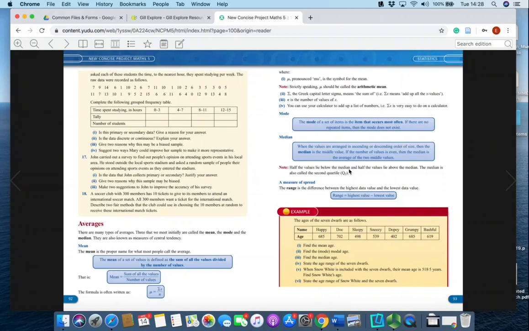So if you look at the data that comes out every evening on the COVID-19 deaths, you will see quite sadly that often the median age of the people who died on a particular day in Ireland tends to be high. It tends to be 79, it tends to be 80, 82. So when you hear that data, what that means is half the people who died were under the age of 82, half the people who died were over the age of 82.